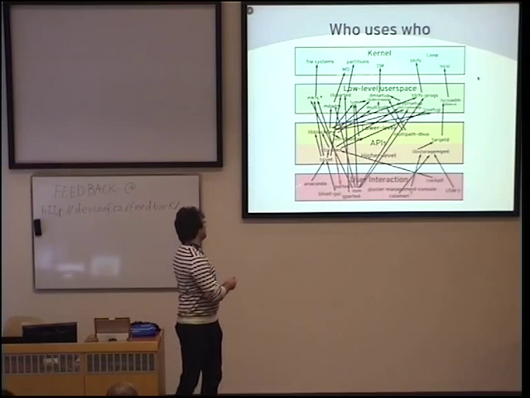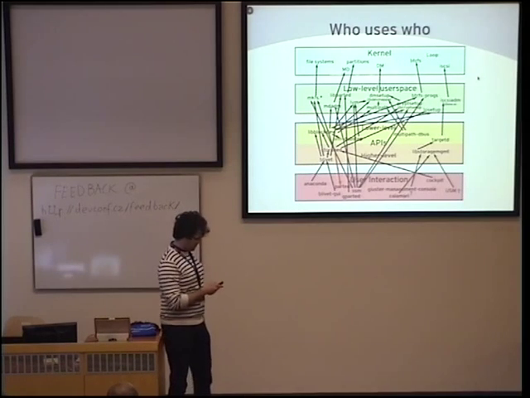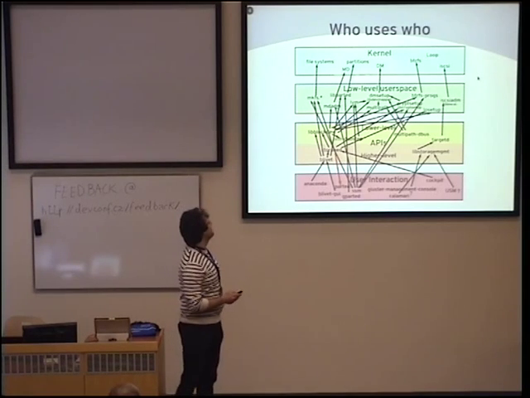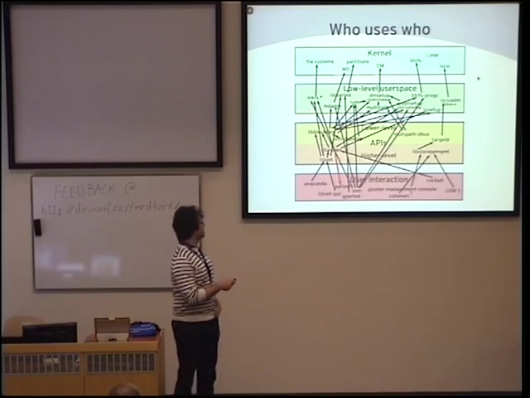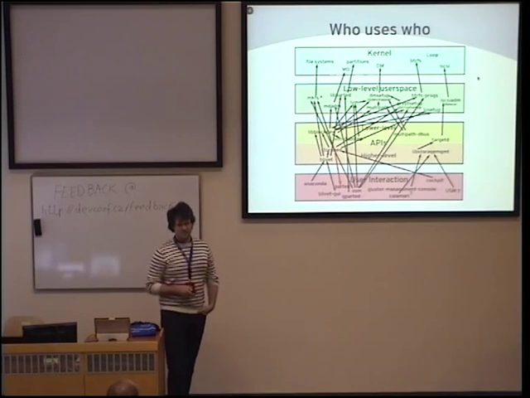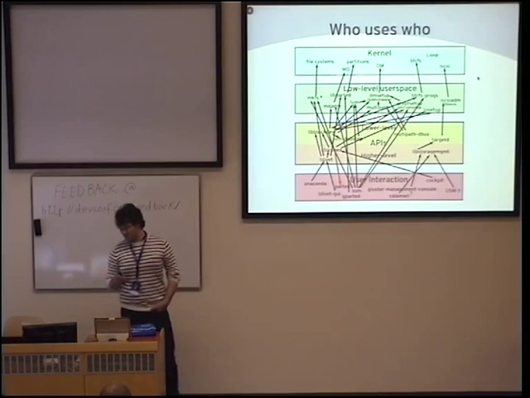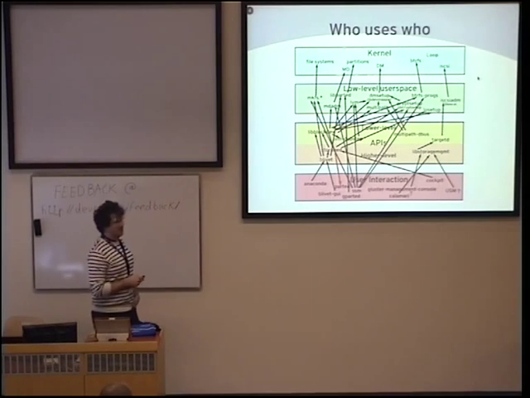So we need to get rid of many of these arrows and do things in nicer ways. But since we are at a developer conference, I would like to focus on those APIs and maybe help you guys or your friends and whoever you can talk to not add more arrows here.